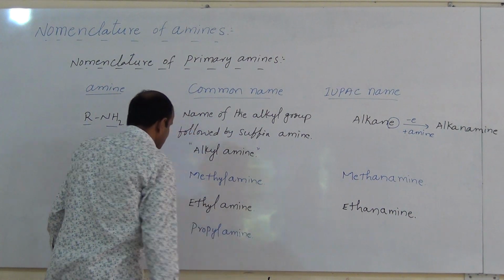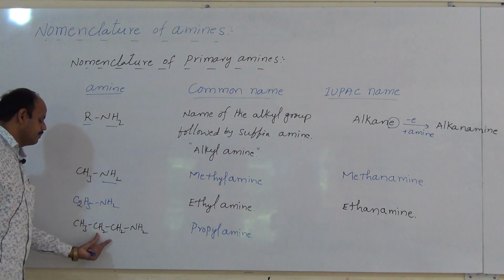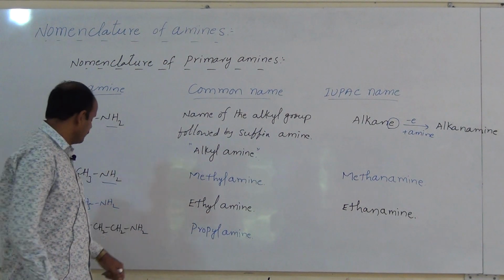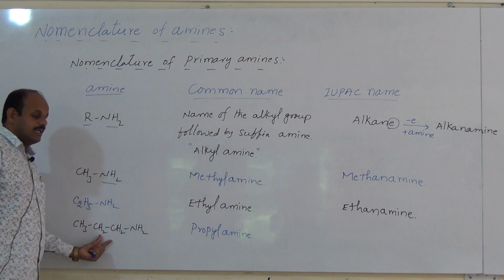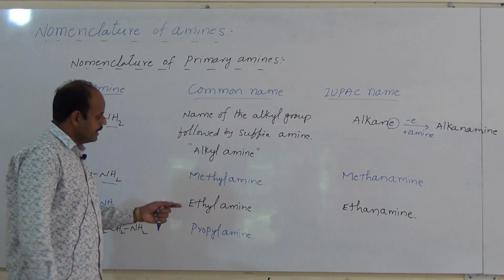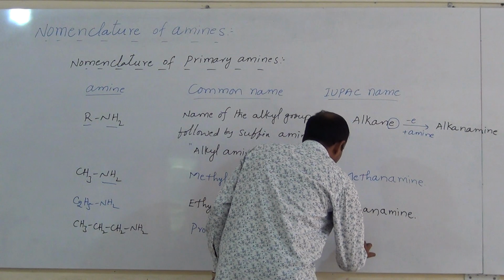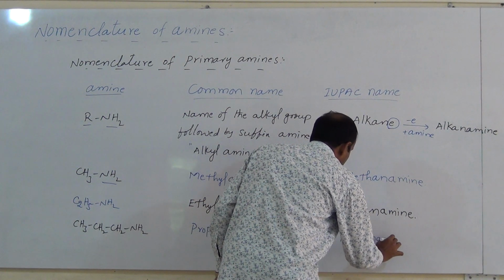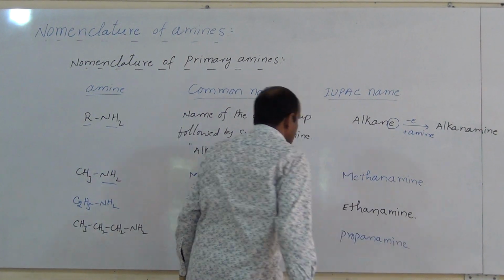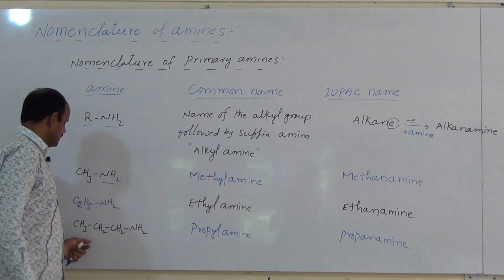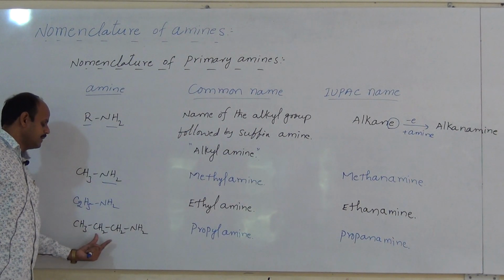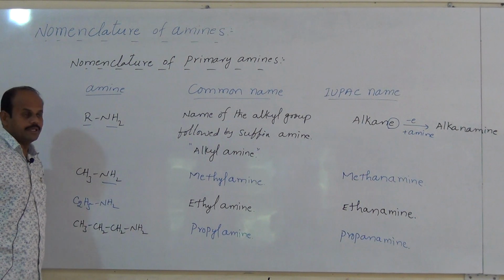Then write the suffix amine, hence it is propylamine. For the IUPAC name, three carbon alkane is propane. In propane, E can be removed and amine added, thus we get propanamine. Thus propanamine is the IUPAC name and propylamine is the common name.